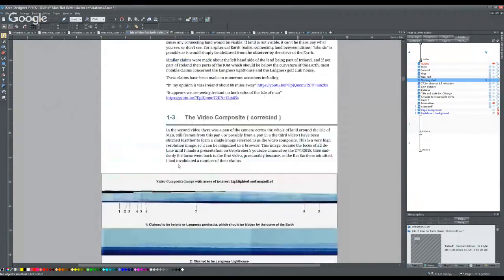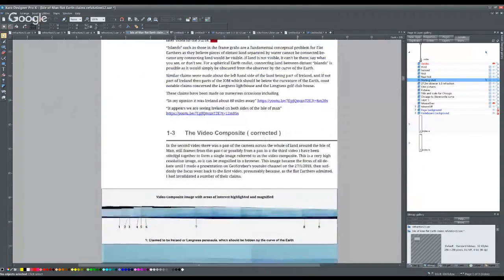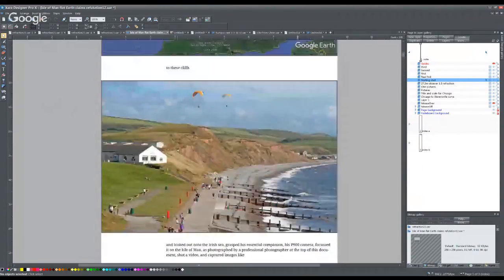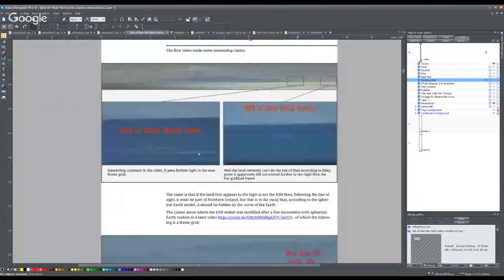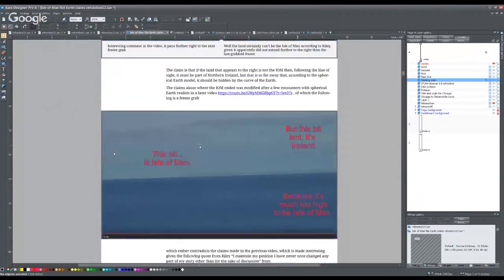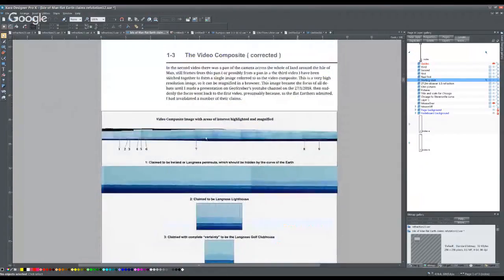So this led to a lot of controversy. From this vantage point up here on the cliff, he took two videos. These shots are from the first one, and he then took this video and constructed this composite, which we can see here. I'll zoom into that.